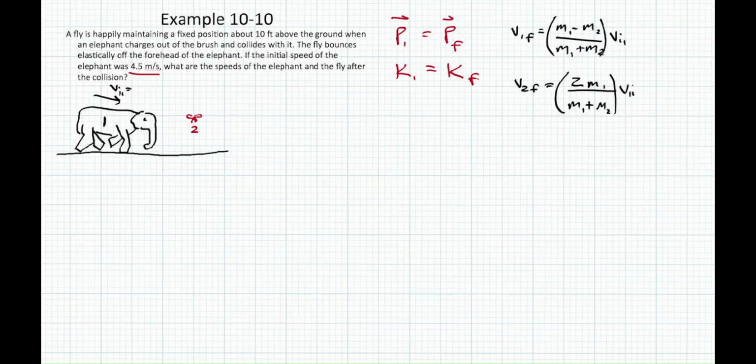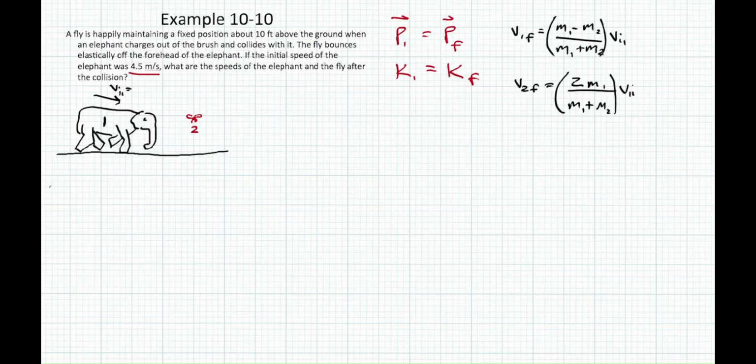We might say, well, we have to know their masses. And the answer is yes, kind of. We don't need to know their exact masses in order to understand the principle here. We simply need to know their relative masses. Let's say that our elephant is a lot bigger than the fly, which most elephants are.